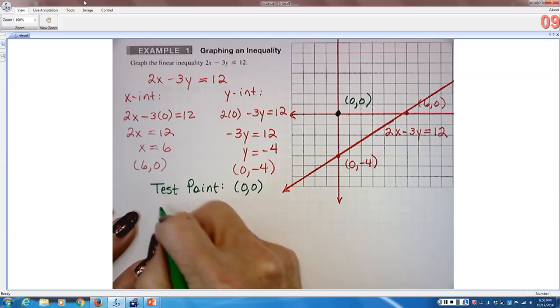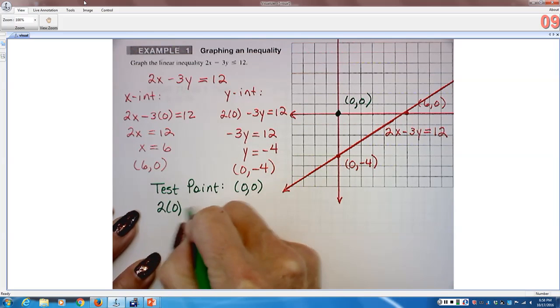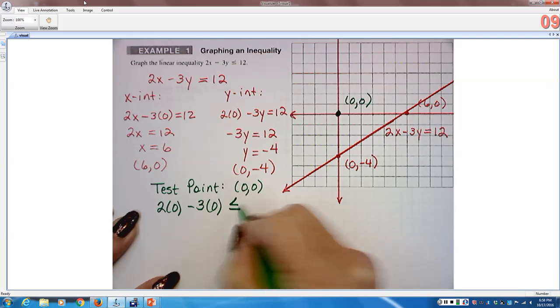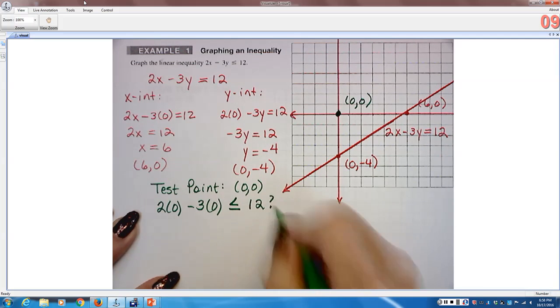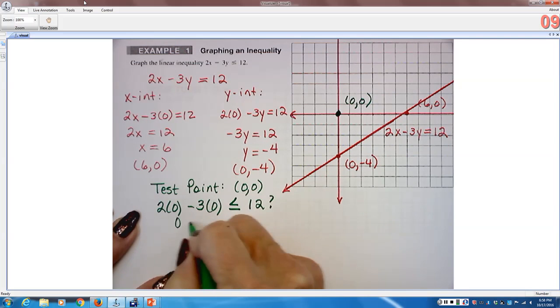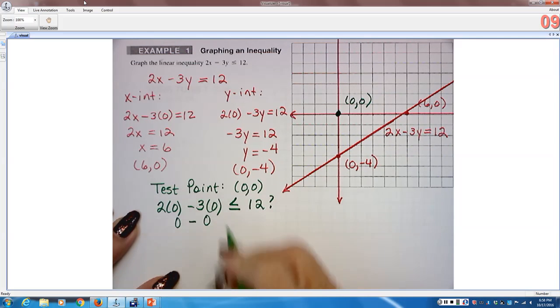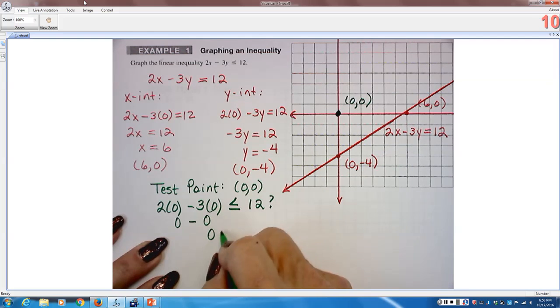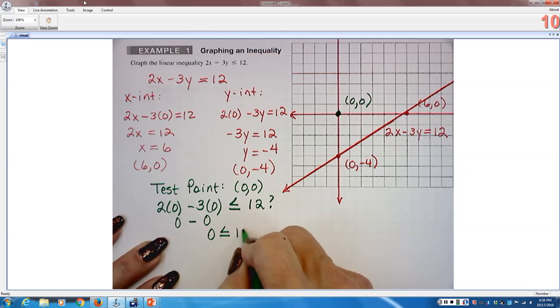So we say, is 2 times 0 minus 3 times 0 equal to or less than 12? Well, 2 times 0 is 0, 3 times 0 is 0, and 0 minus 0 is 0. Is 0 equal to or less than 12?